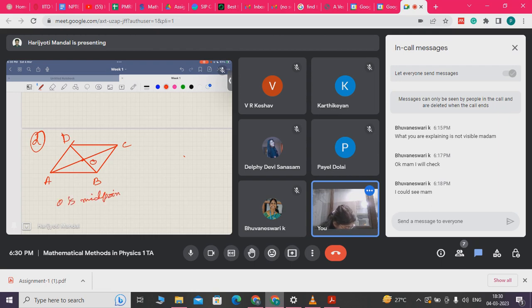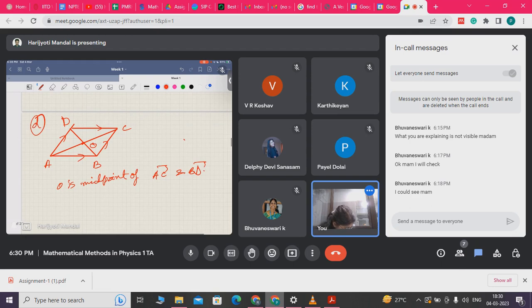So here O is the midpoint of AC and also BD.